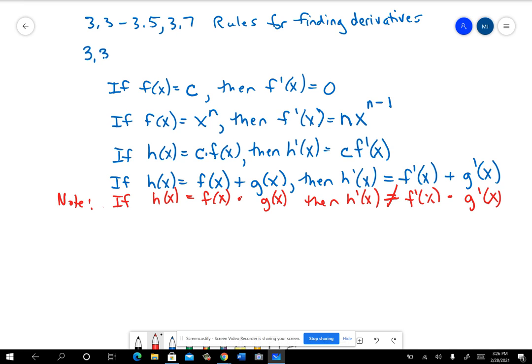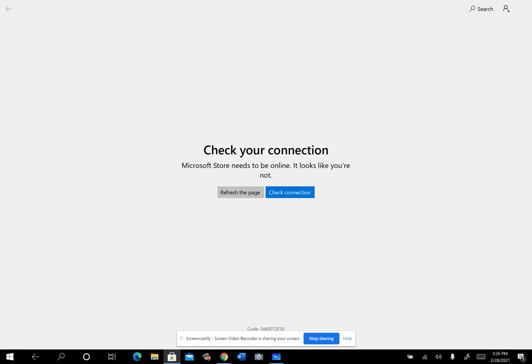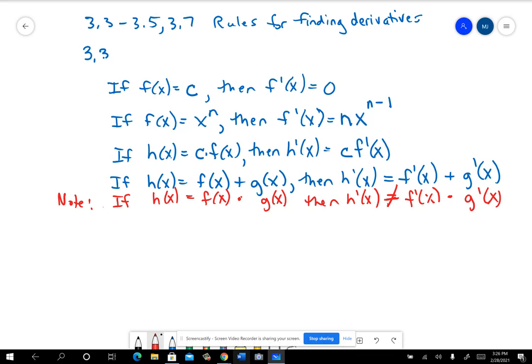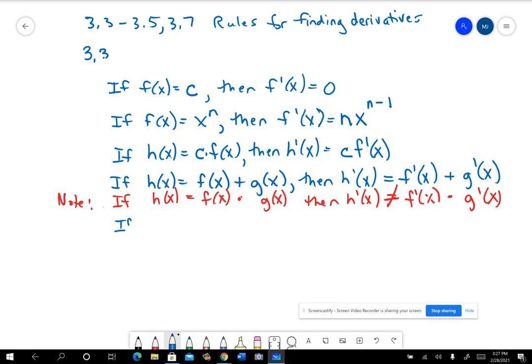One other thing in 3.3 is how to do the derivative of this one. If h of x equals e to the x, then h prime of x, believe it or not, equals e to the x.